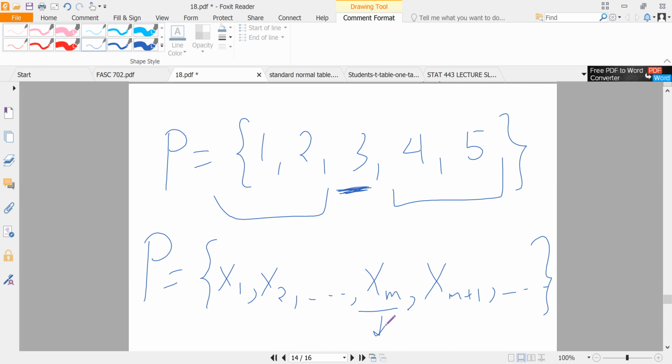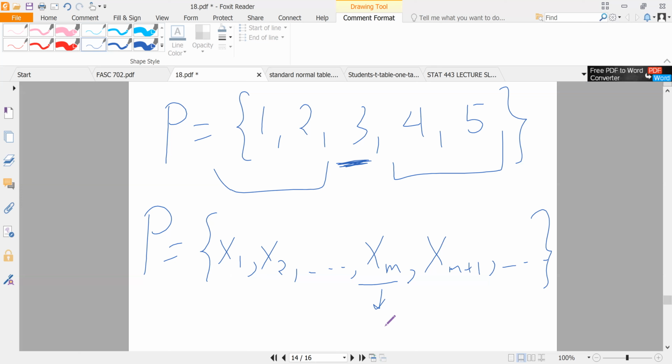The sign test, what it does is that for each value that is less than xm, it will assign a negative value. So for x1, it will assign negative. For x2, it will assign negative. For x3, it will assign negative, for each and every value less than xm.